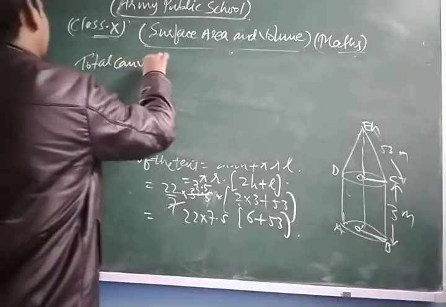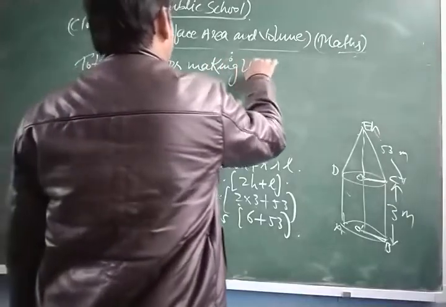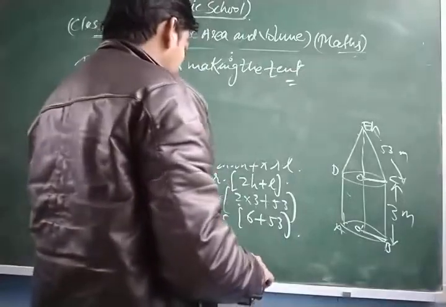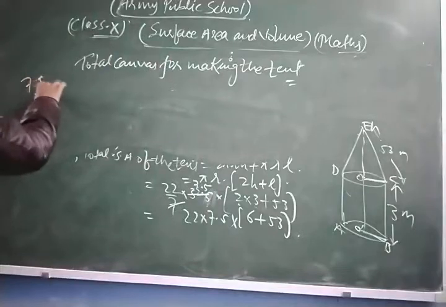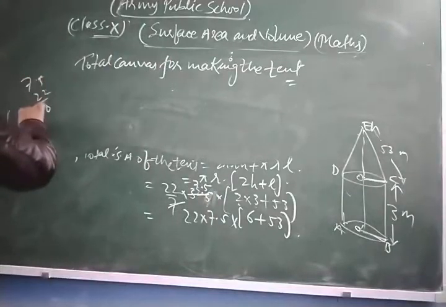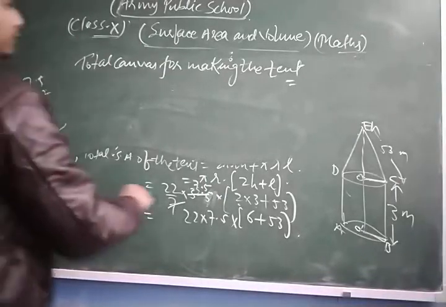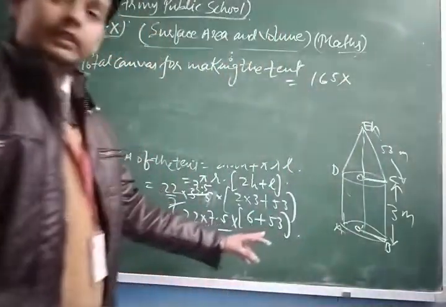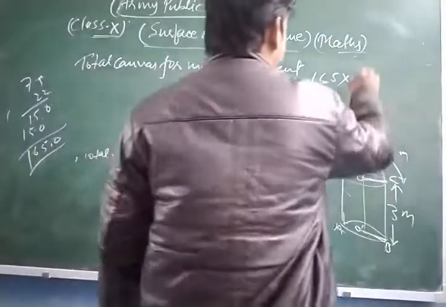The total canvas for making the tent is this multiplied by this. So we multiply 22 by 7.5, which gives 165. Then 165 multiplied by 53 plus 6, which is 59.